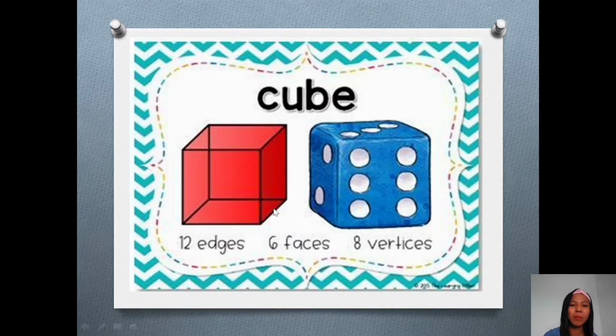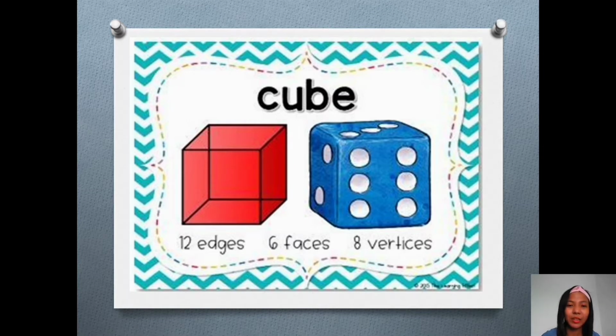Next, the cube has 6 faces. One flat surface here in front of this figure, another one at the back, another face at the top, another face at the base or the floor, and another at this side and another at this side. So they are all 6 faces.